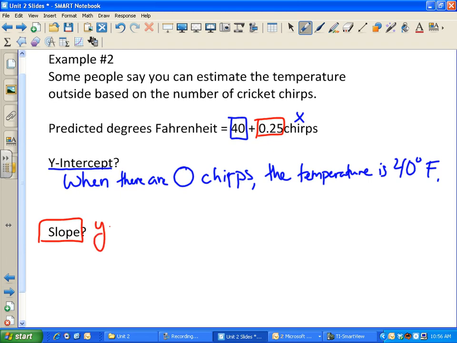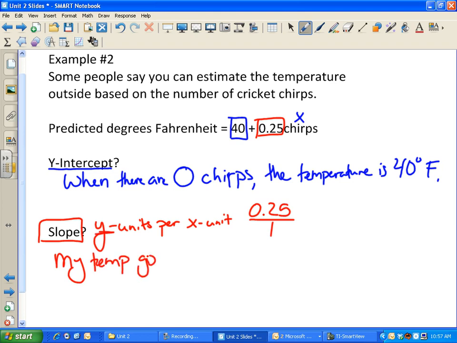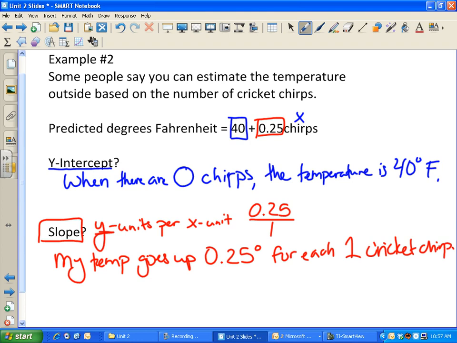The slope, please recall, is this value in front of the x variable. And remember, this is y units per x unit, rise over run. So I have 0.25 over 1. So my temperature, because that's my y, goes up 0.25 degrees for each one cricket chirp.